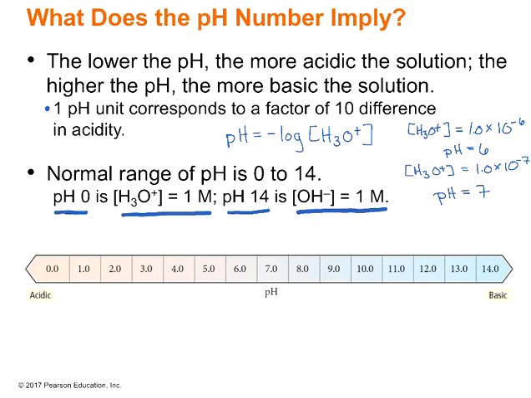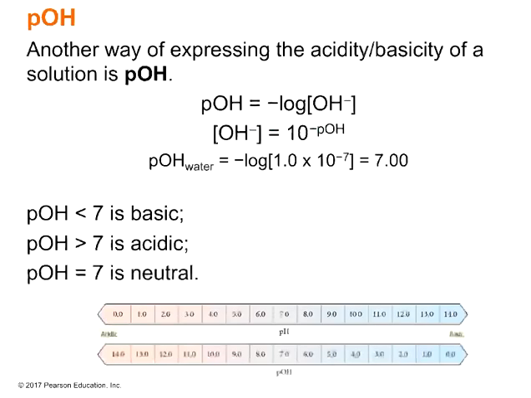So again, smaller values of pH correspond to very acidic solutions, so we can see that down below in this chart. And then really high values of pH correspond to a high concentration of hydroxide ions. And then of course in the middle we have our neutral solutions.